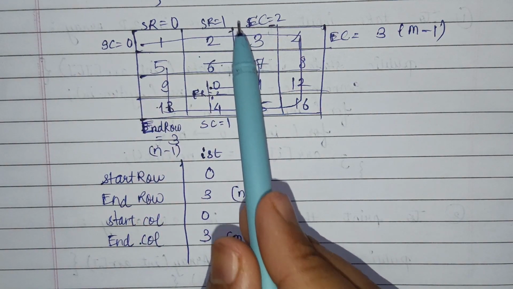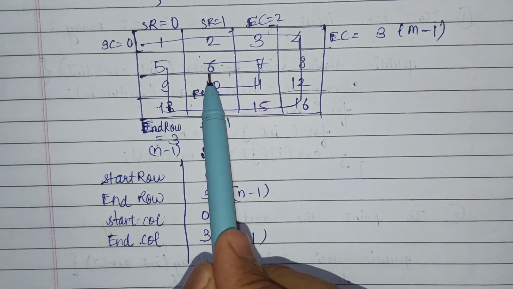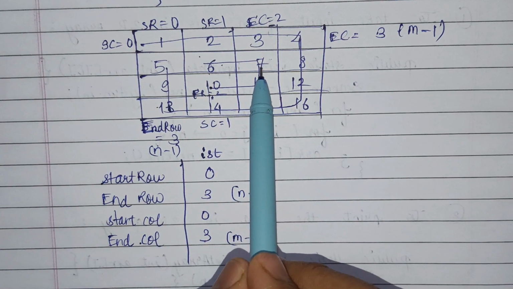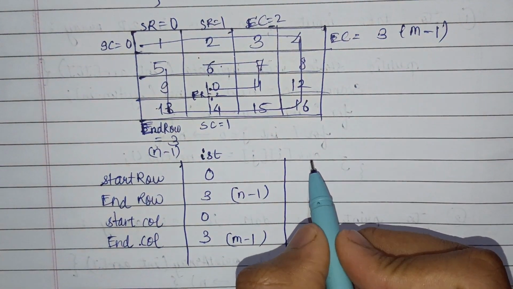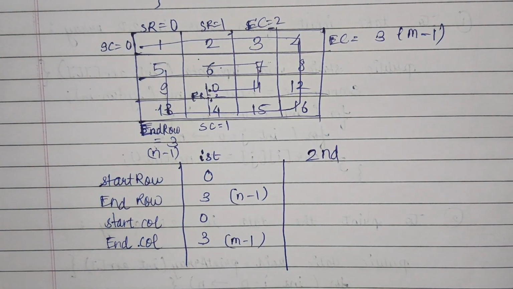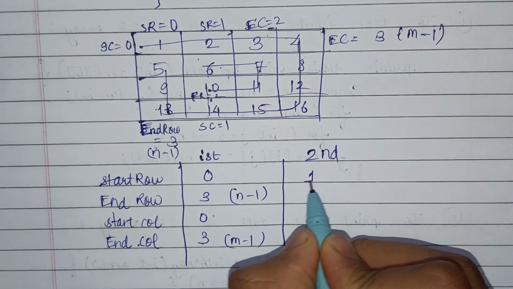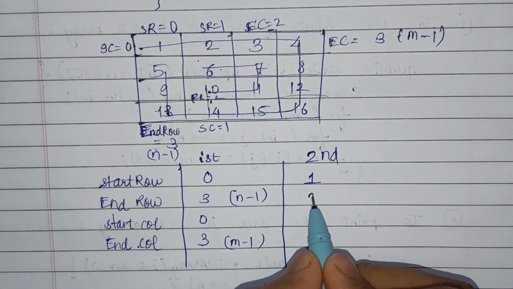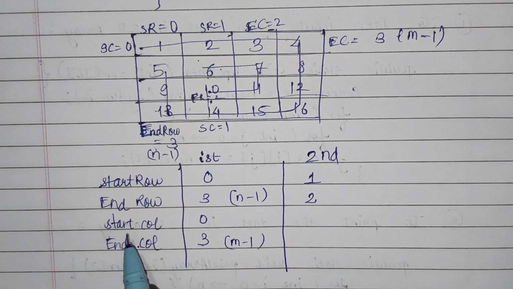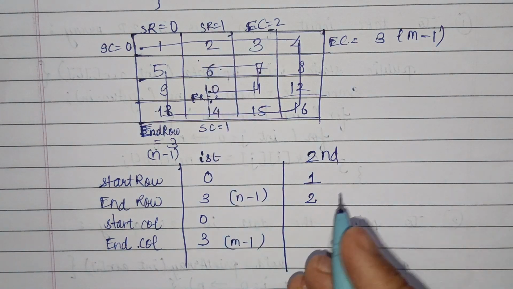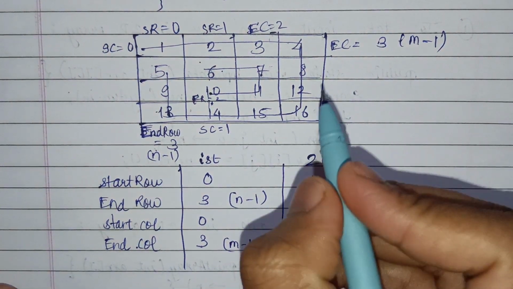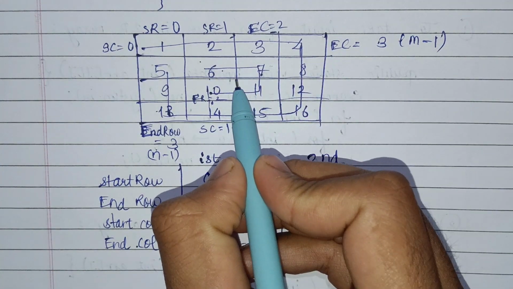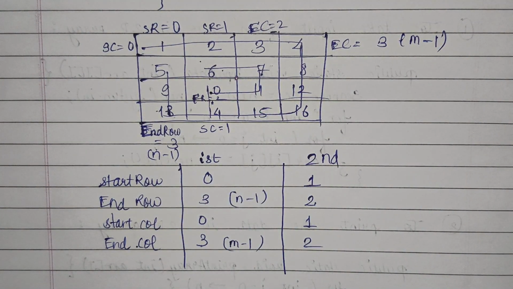Then starting column starts from 1 and ends at 2. Okay, so we can write here, at second iteration, starting row starts from 1 and ends at 2. Then our starting column starts from 1 and ends at 2. After that, for the third iteration there is no element, so we can stop here.